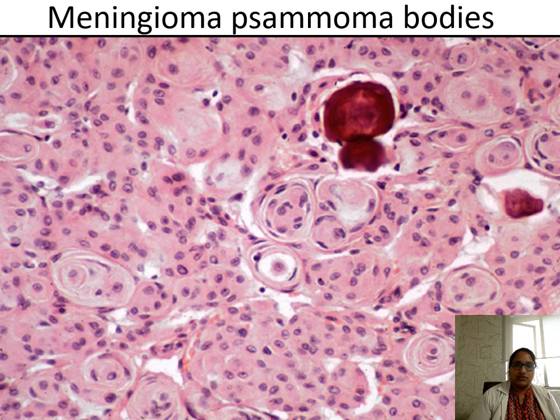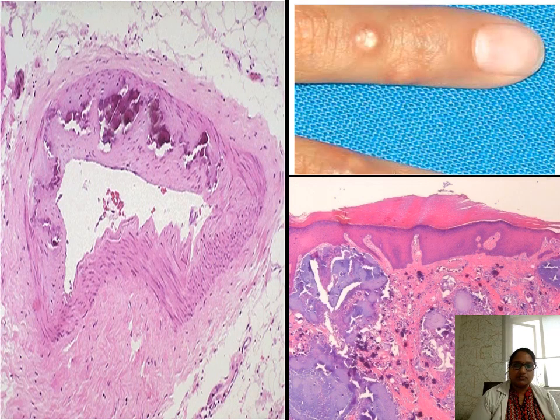In meningioma, as we discussed, the calcium deposits are seen as psammoma bodies, that is lamellated structures. This is the meningioma. And this is the calcinosis cutis. This is Monckeberg's medial calcific sclerosis.